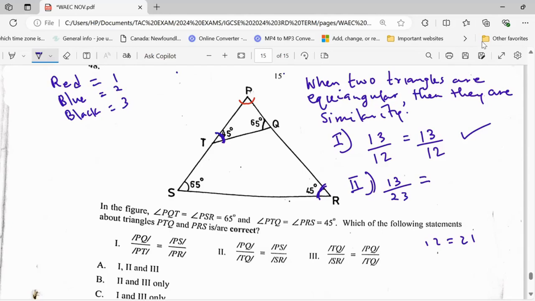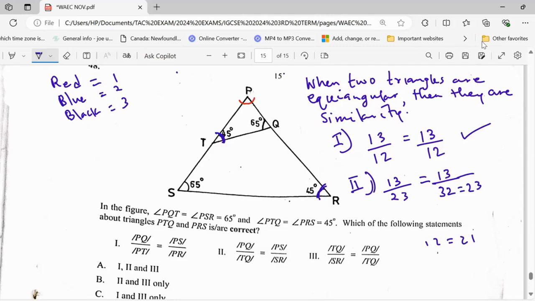Now, let's look at PS. PS is red, black. And red, black is 1, 3. Now, let's look at SR. SR is black, blue. Black, blue is 3, 2. 3, 2 is still the same thing as 2, 3, because it's still the same line.